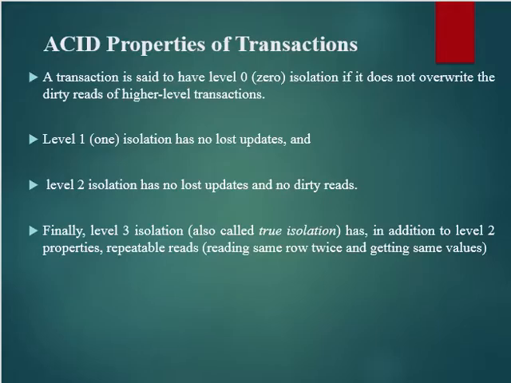So we can't say it is isolated at the third level. That is level 3 isolation, in which there should be repeatable read. That is, if two or more read operations are done by a transaction on the same data item, both times the value should be the same.